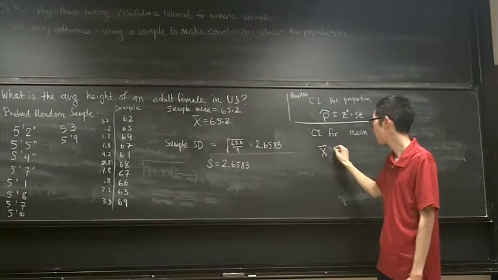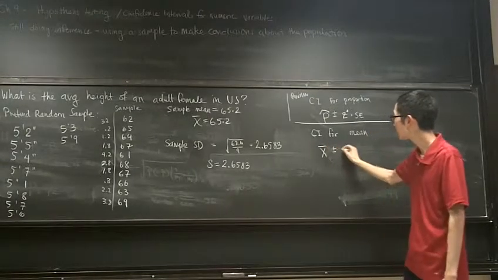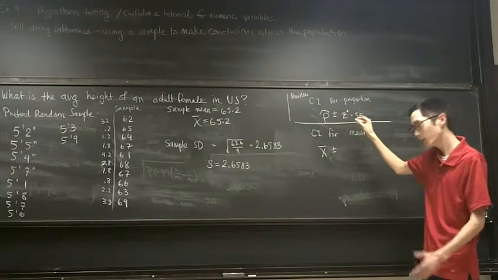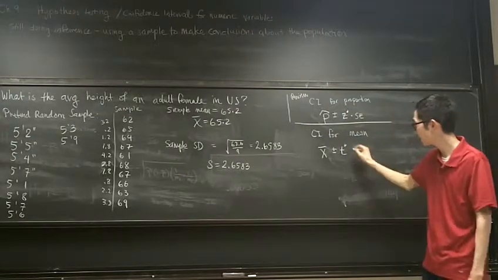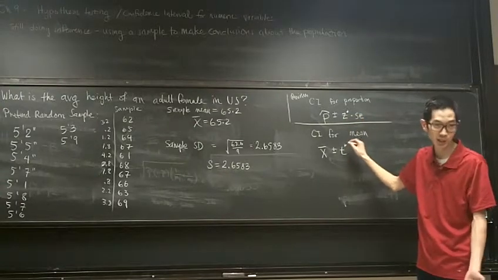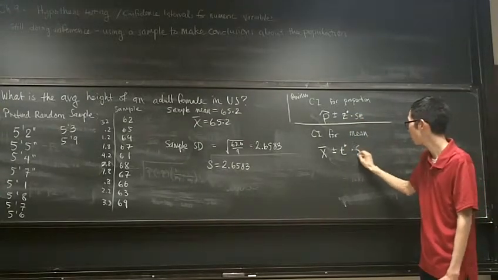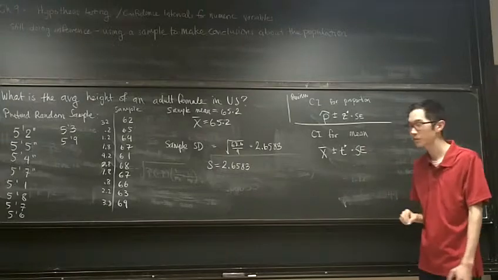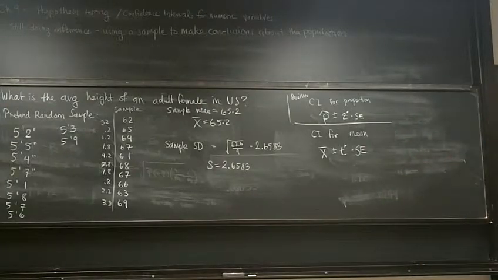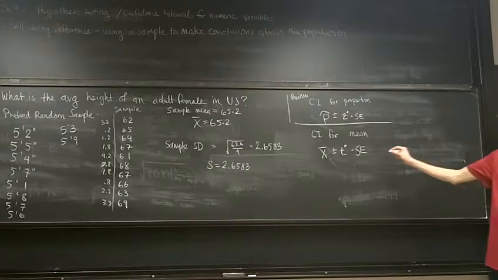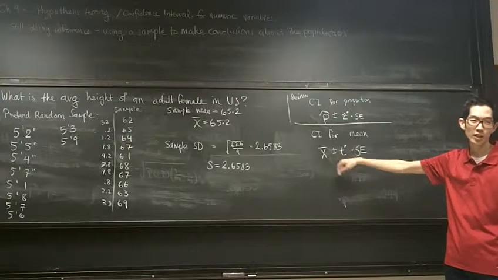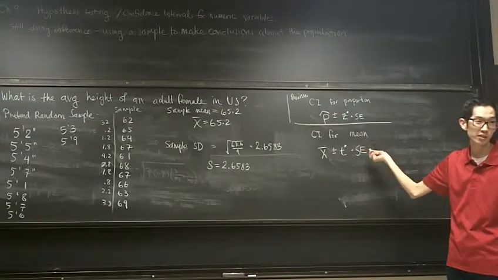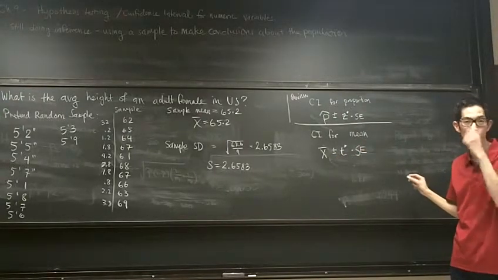X bar, plus or minus, and for reasons that I will explain in a moment, instead of z, we're going to use t, times my standard error. So confidence interval for a mean, very similar, but instead of proportions I'm using means, then my z becomes a t, and then the standard error. Is this okay?